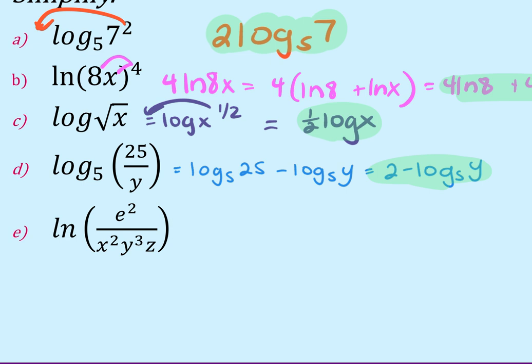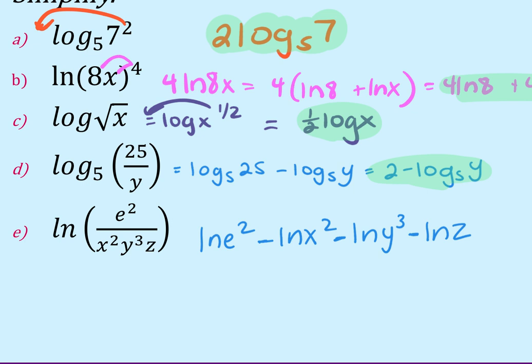If there is more than one term in your denominator, they all get a minus because it would be minus a product, and then when I spread it out, all of those get the minus. So if it's in the top, it gets a plus. If it's in the bottom, it gets a minus, which means this starts as ln e to the second minus ln x to the second minus ln y to the third minus ln z.